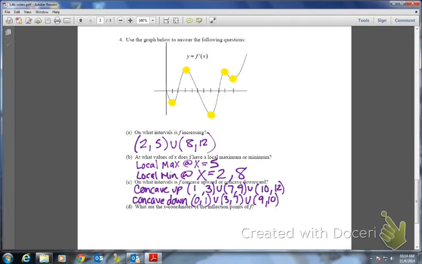There should be 5. Okay, so x equals 1, x equals 3, x equals 7, 9, and 10. All right, good. So 1, 3, 7, 9, and 10. Good. So that's all the notes for today.